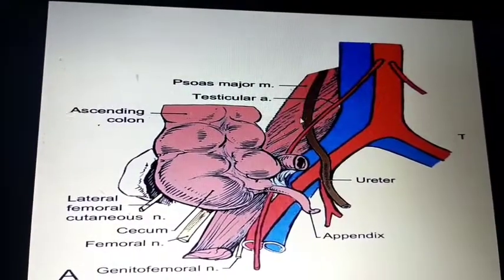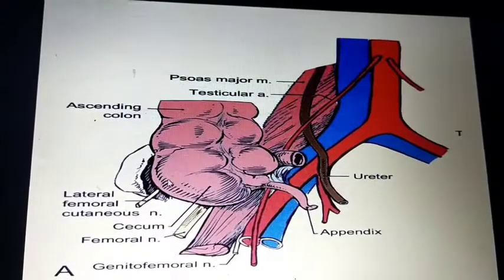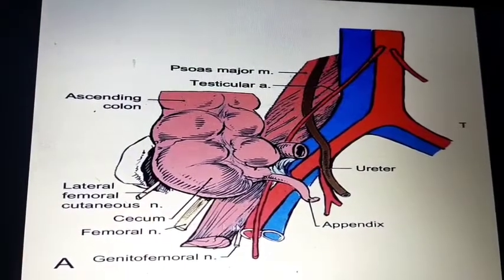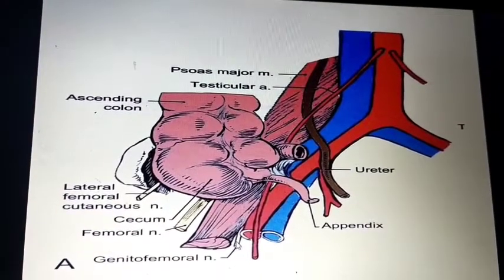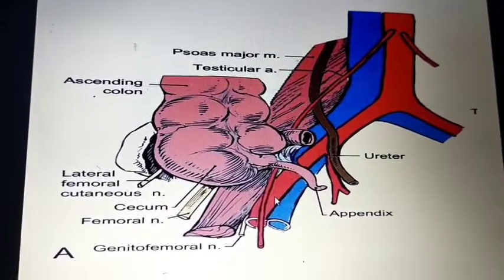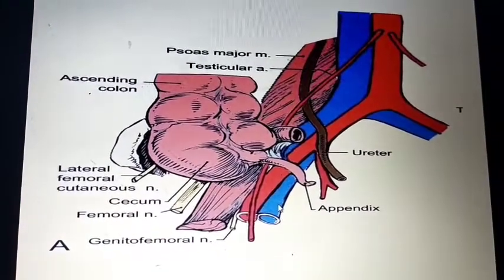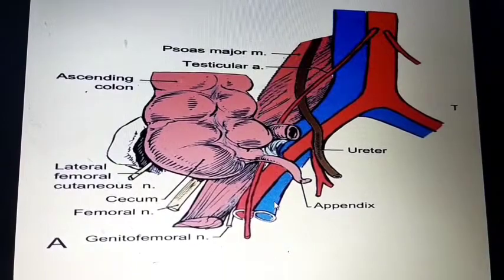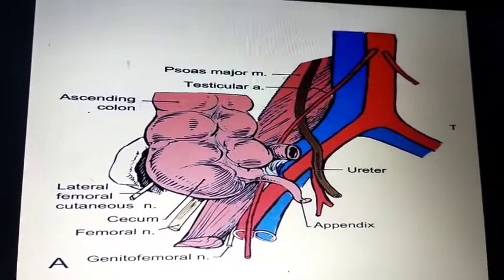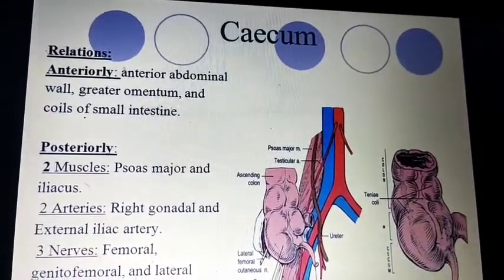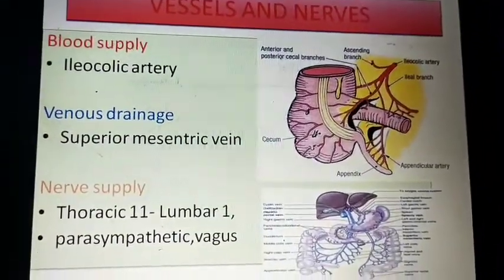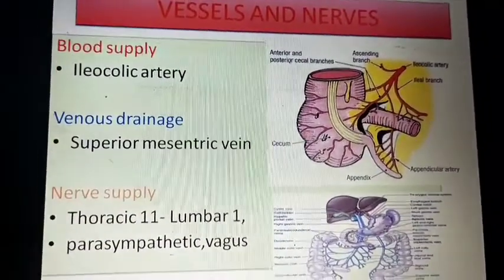Then the genitofemoral nerve, gonadal vessels, right iliac artery, then right iliac vein. These are the posterior relations of the cecum.